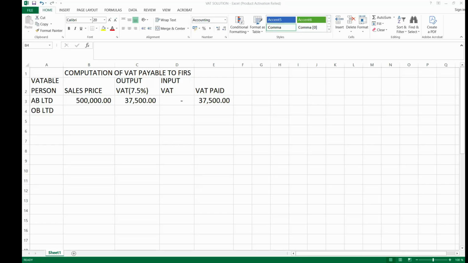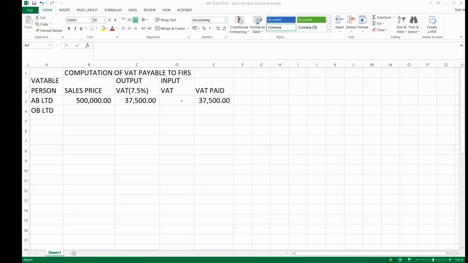Yes, it's 0 because we are not told that AB Limited bought that item from anywhere. That means AB Limited produced that item himself, so it did not suffer any input VAT. It's only going to collect output VAT.